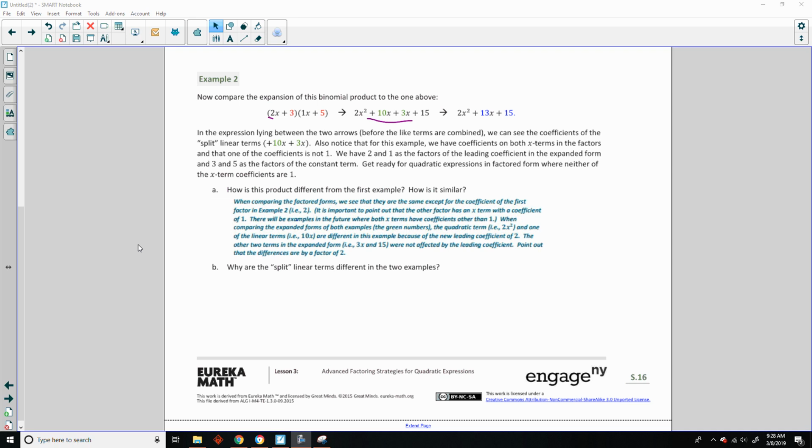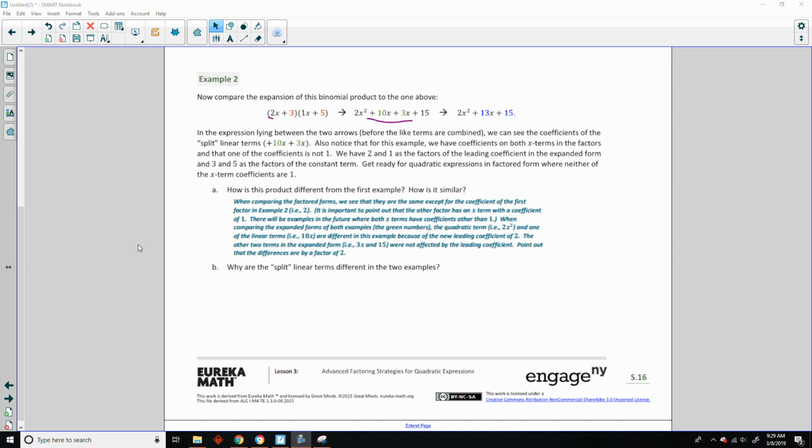It is important to point out that the other factor has an x term with a coefficient of 1. There will be examples in the future where both terms have coefficients that are not 1. When comparing the expanded forms of both examples, the green numbers, the quadratic term, 2x squared, and one of the linear terms, 10x.